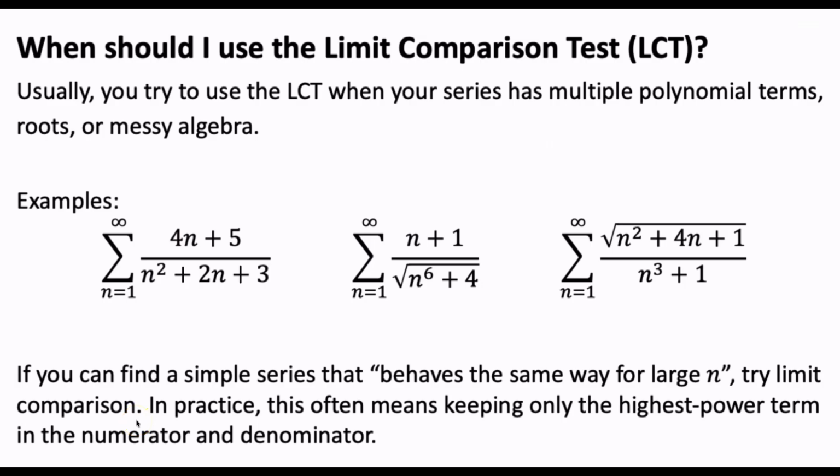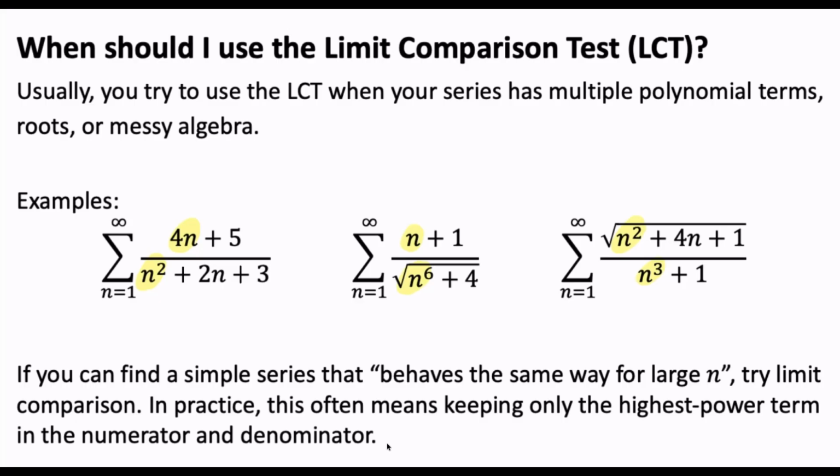And so to find that simple series, we're often going to focus on those dominating terms in the numerator and in the denominator to think about what to compare it to. In practice, it means keeping only the highest power term in the numerator and in the denominator. And even when something is a good candidate for the direct comparison test, the limit comparison test will often work too.